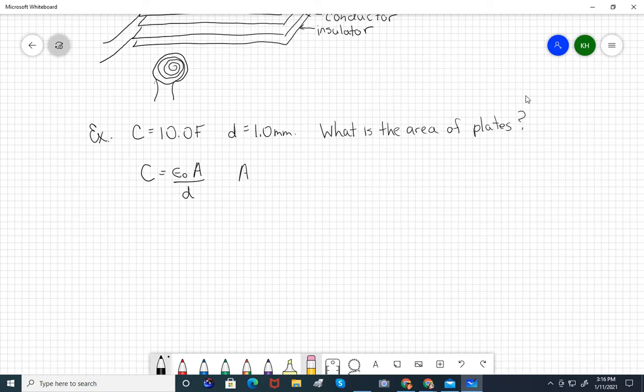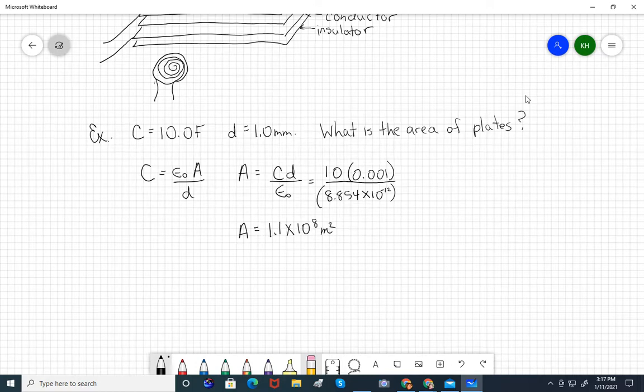So if I solve this for A, it's going to be C D over epsilon naught. The capacitance was 10 farads. The distance was 1 millimeter. I got to make that in meters, 0.001. And of course, epsilon naught is 8.854 times 10 to the negative 12. I put all that in, and when I solve it, I get that the area is about 1.1 times 10 to the 8 square meters.